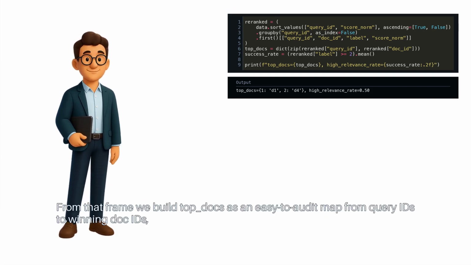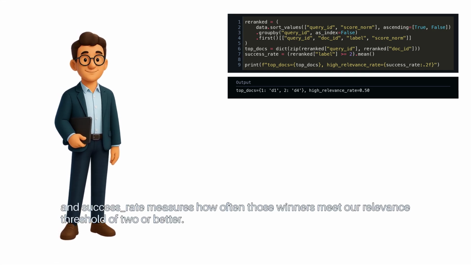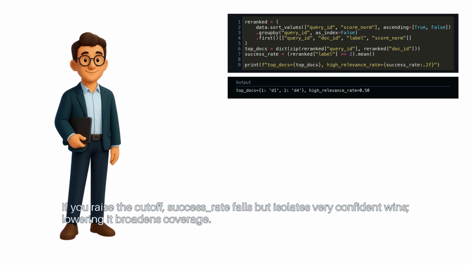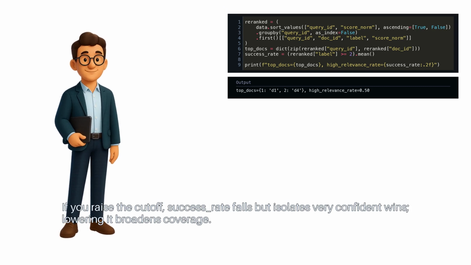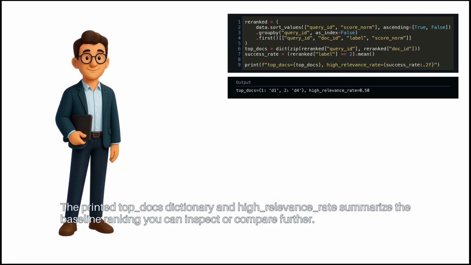From that frame, we build top docs as an easy-to-audit map from query IDs to winning doc IDs, and success rate measures how often those winners meet our relevance threshold of 2 or better. If you raise the cutoff, success rate falls but isolates very confident wins. Lowering it broadens coverage. The printed top docs dictionary and high relevance rate summarize the baseline ranking you can inspect or compare further.